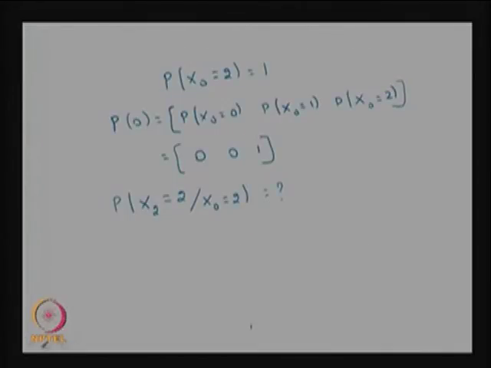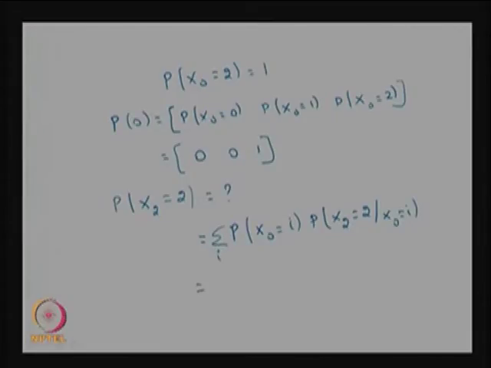The question is, what is the probability that the system will be in the state 2? So, to find this, with the given information, we take the probability that X2 is equal to 2, given that X0 is equal to i, for all possible values of i.